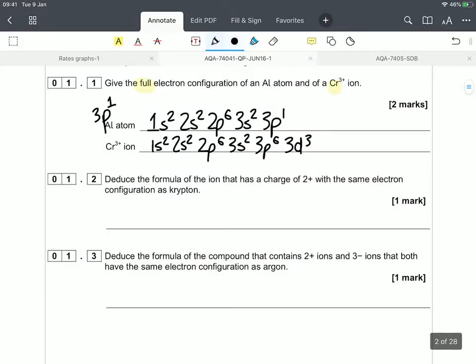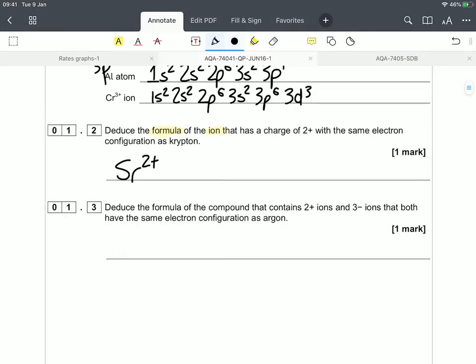That's what we've been asked about. It must be strontium. Just have to take care because it asks for the formula of the ion, which means we're not just going to put Sr, because that's the symbol for the element. It must be Sr2+. That's what we've got to give as our answer.